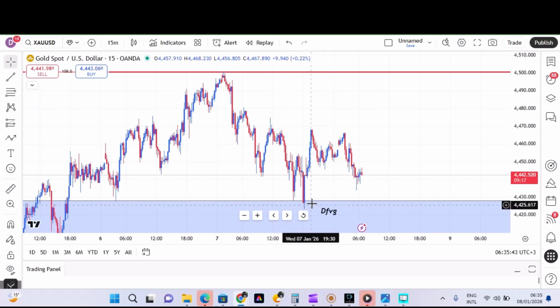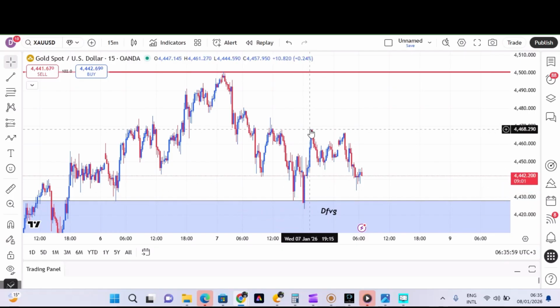A quick sell happened here, but because of this daily fair value gap, gold came on the 15-minute time frame and respected this zone. And see what happened. Gold pumped from 44.26 and went up to 44.68.